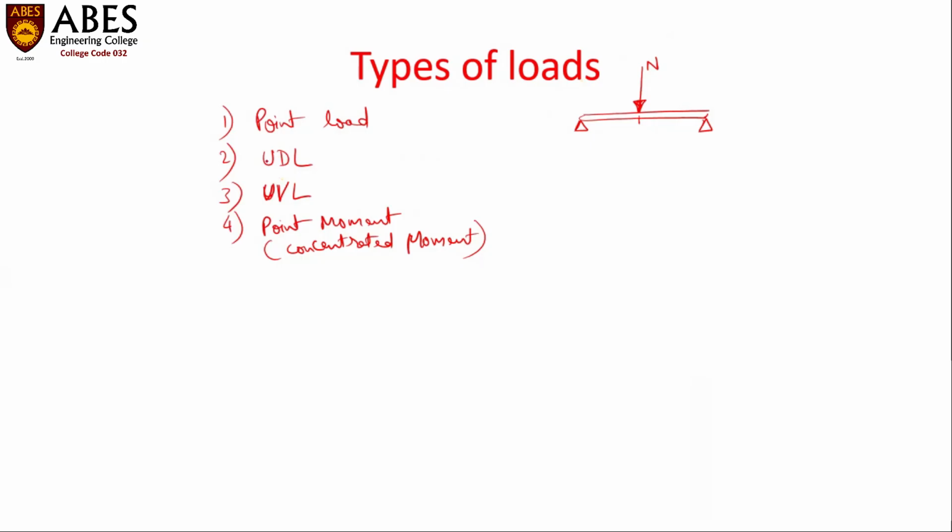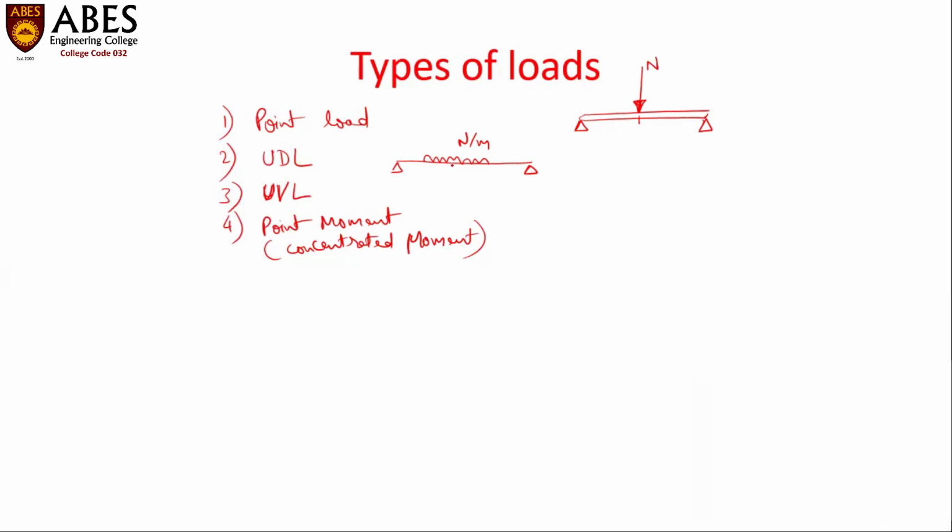Next one is UDL. The full form of this load is uniformly distributed load, UDL. So this type of force acts along a particular length on a beam. It is shown like this. Suppose the beam is supported at both the ends. So UDL is given in terms of Newton per meter, which is called load intensity of the beam.